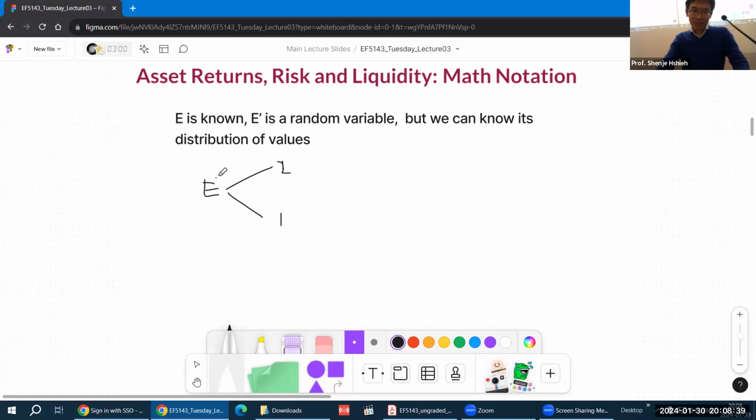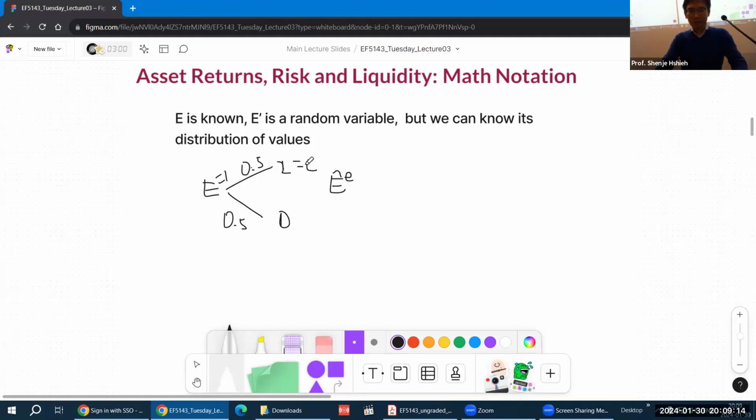Let's assume it's a 50-50 coin flip, with probabilities 0.5 and 0.5. It can either go up or go down. Given this, we know the distribution and we know the possible realizations of values, so we can actually calculate E hat E.